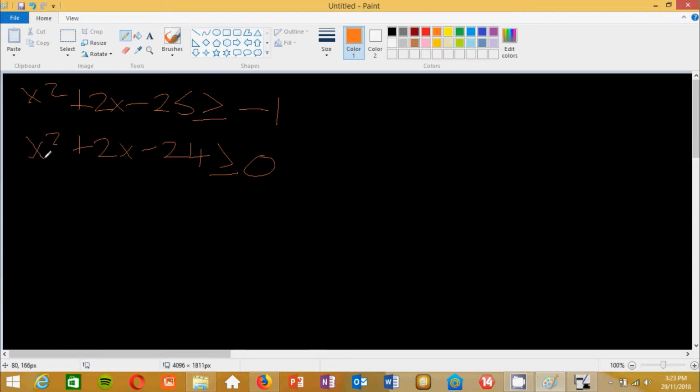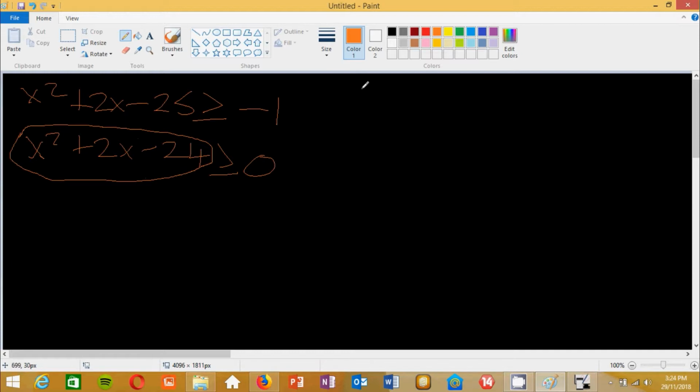Now, if you watched my most recent videos on quadratic functions, you will realize that this expression on the left-hand side of the inequality sign is simply a parabola. It's a graph. More specifically, this expression represents the y-coordinate of our parabola.